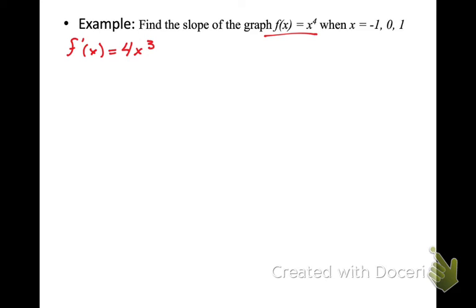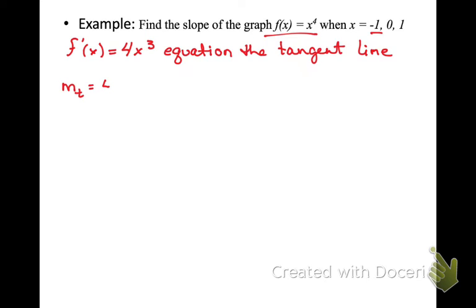So that's the equation of what? Of the slope of the tangent line. And now the slope of the tangent, m sub t, how do I find it? Plug in the numbers, right?